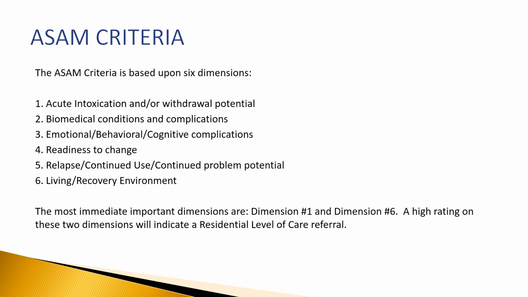And living and recovery environment is in dimension 6. The most immediately important dimensions are dimension number 1 and dimension number 6. A high rating on these 2 dimensions will indicate probably an immediate placement into a residential level of care referral.